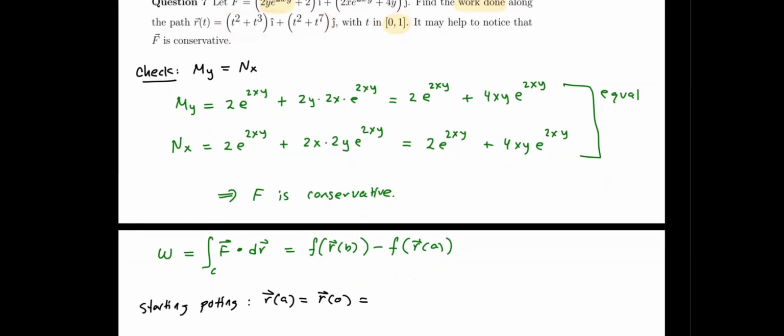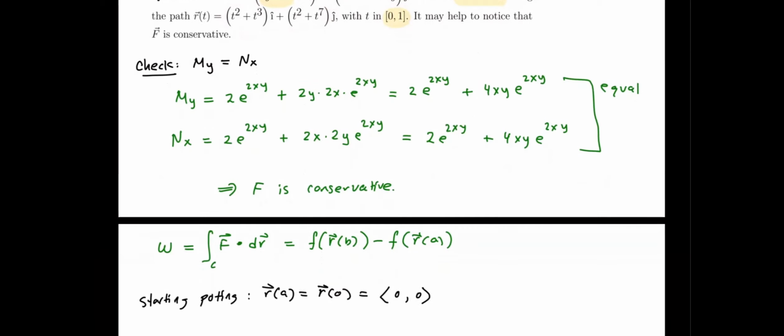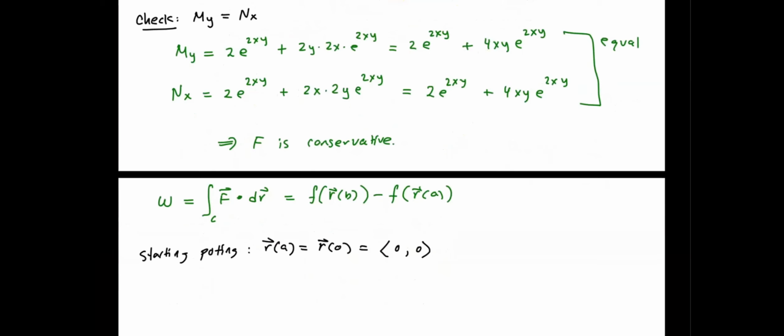For the starting point, plug in 0 in place of t, so you'll have 0 for the i component and 0 for the j component. Then the ending point is the curve evaluated at b.